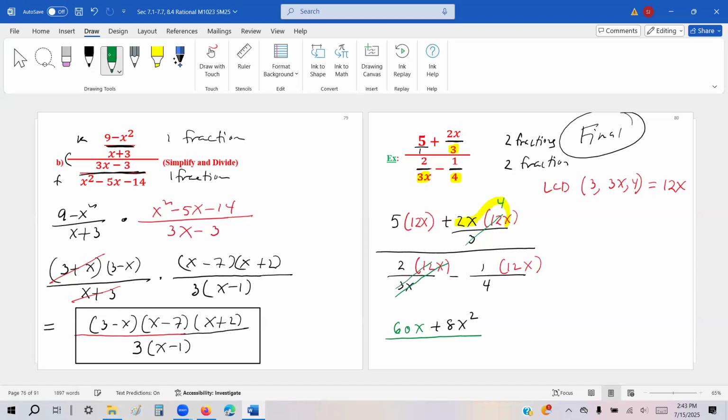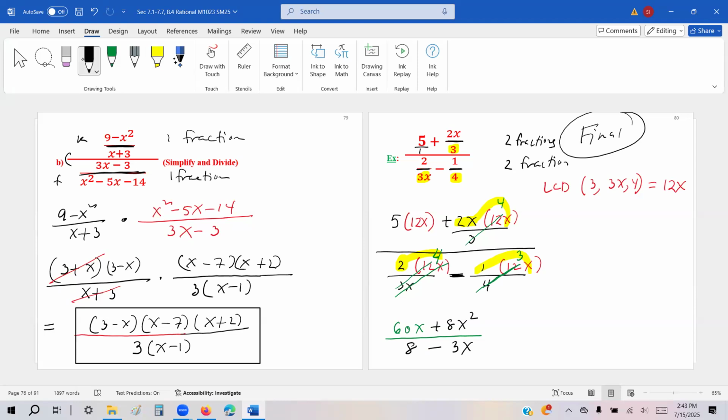And 3 goes to 12, 4 times. So we have 2 from before and 4 for now. So what is left? 8. And then you have a minus. Yes. Now 4 goes to 12 3 times. So you're left with 1 times 3 times x. That gives us 3x. That's it, we are done.